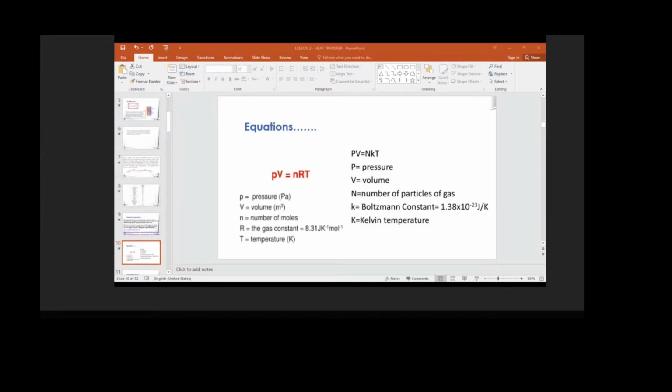Alright, so we just equate it to Avogadro's number, where Avogadro's number tells us that 1 mole of any gas is equivalent to 6.02 times 10 to the 23 particles. Right, so any mole that you have, all you're doing is to multiply by Avogadro's number to give you the number of particles that exist.